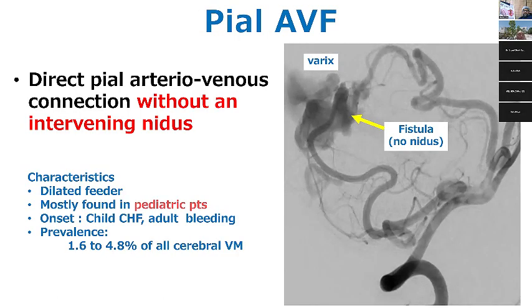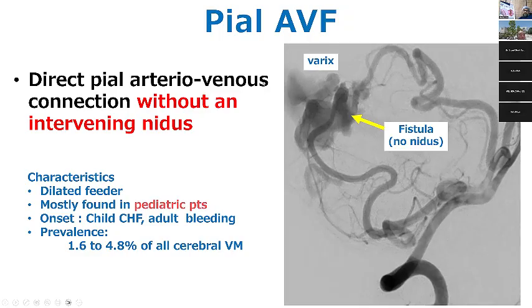This is one of the rare cases, but we see it sometimes. This is a pial arteriovenous fistula. The dilated feeding artery makes a shunt here, and the draining vein is very dilated. We cannot see any nidus.